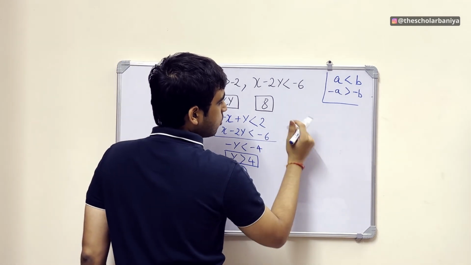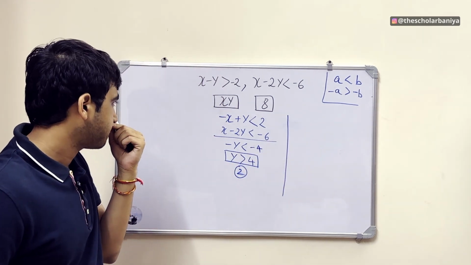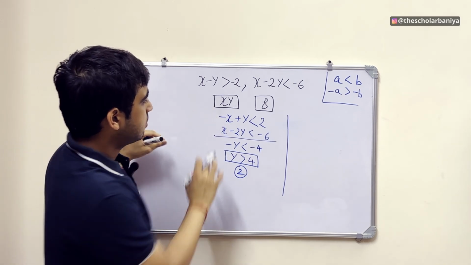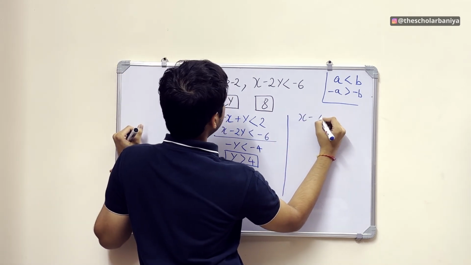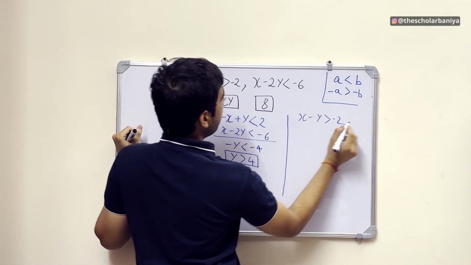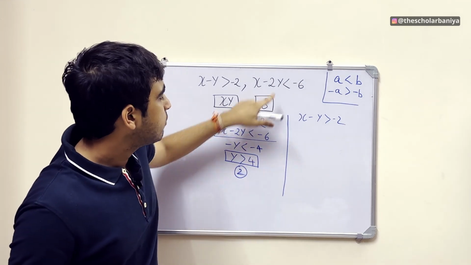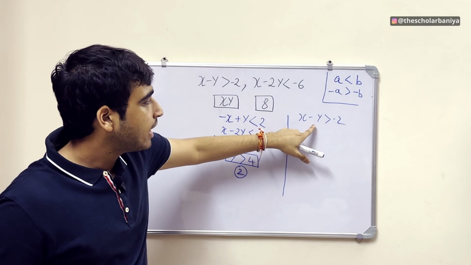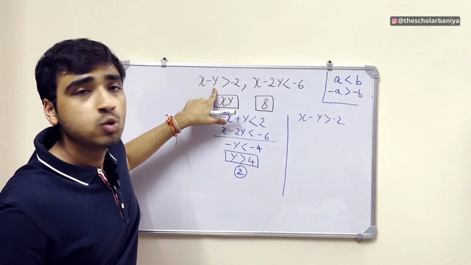Okay, so now let's talk about the other equation. This was the equation: x minus y is less than minus 2. First we eliminated x, and now if we want to eliminate y, we know that there is 2y in the other equation, so we need to have 2y over here.